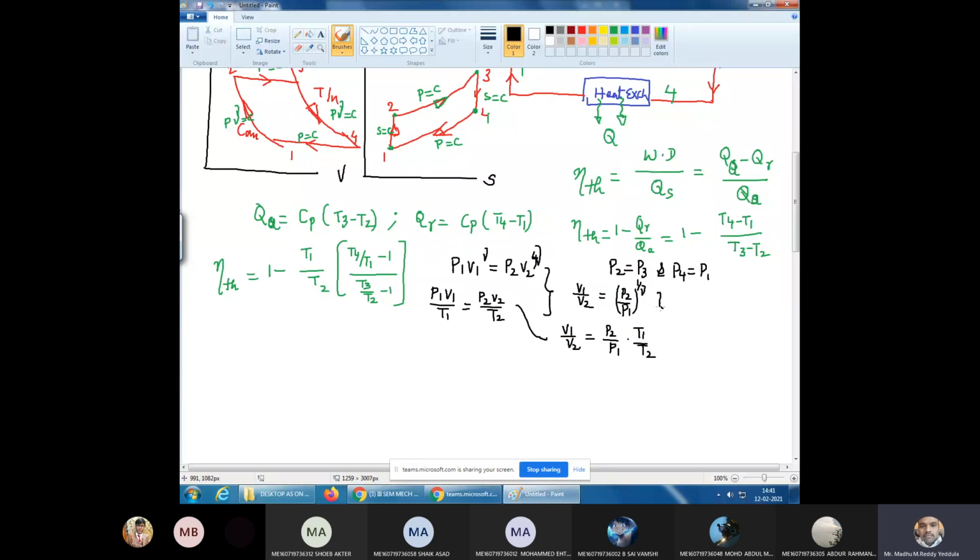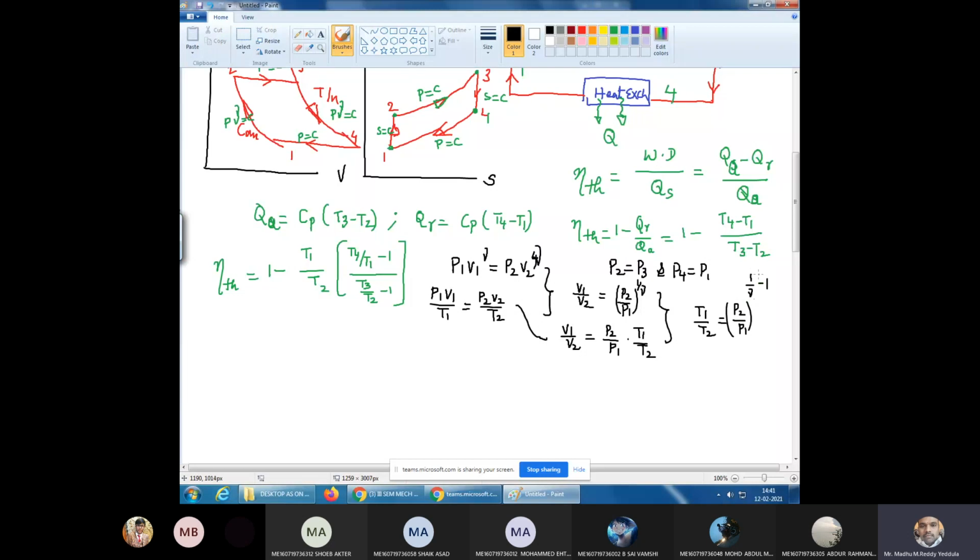Is it clear? Now you equate the right hand sides. So what will you get? T1 by T2 is equal to P2 by P1 whole power 1 by gamma minus 1.